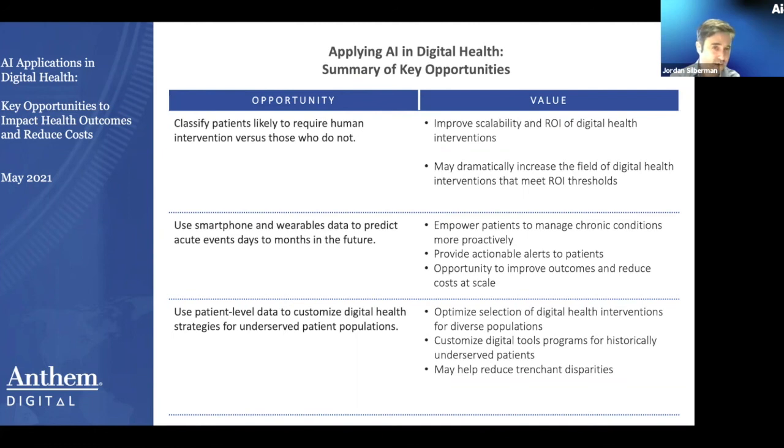And finally, we talked about applying AI in digital health by using patient level data to customize digital health strategies for underserved patient populations, and really using AI and digital health together to help create measurable and meaningful improvements with respect to healthcare disparities.